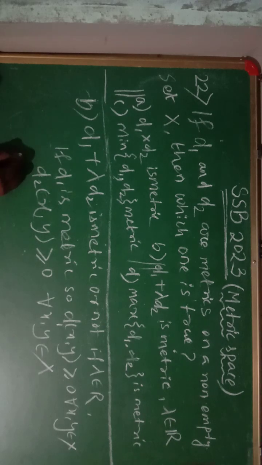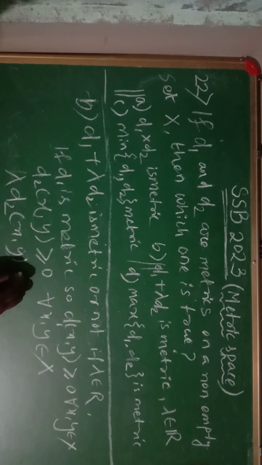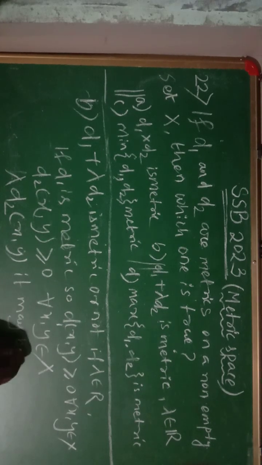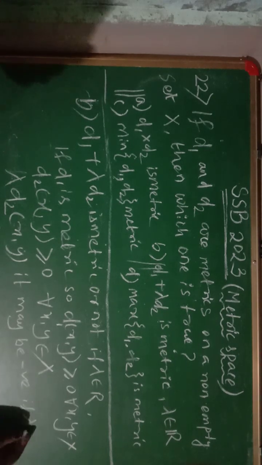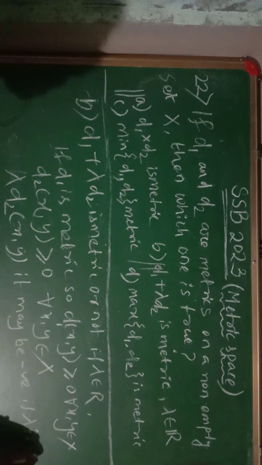If we multiply lambda with D2 of X comma Y, then it may be negative if lambda is negative.